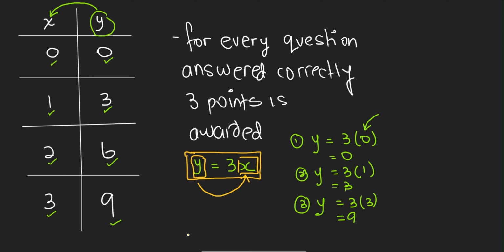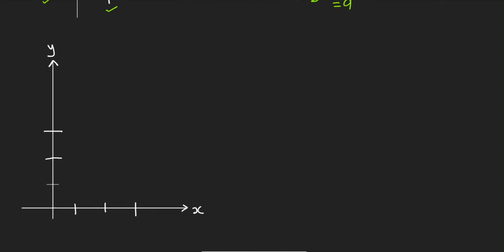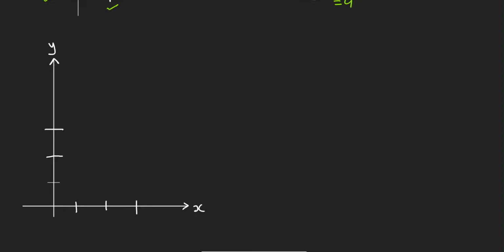Now, to understand this even better, we could take this to a Cartesian plane. On the Cartesian plane, we have 2 axes, at least for the time being, as we are still in 2 dimensions. So we have the x-axis and the y-axis. The x-axis, which is the horizontal axis, represents independent inputs, independent values, or the independent variable.